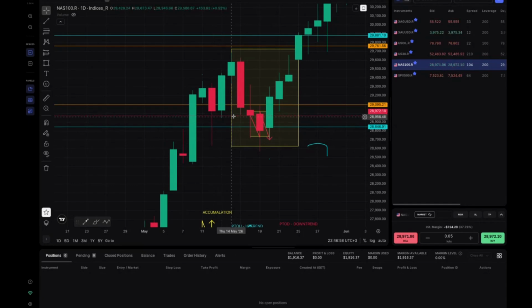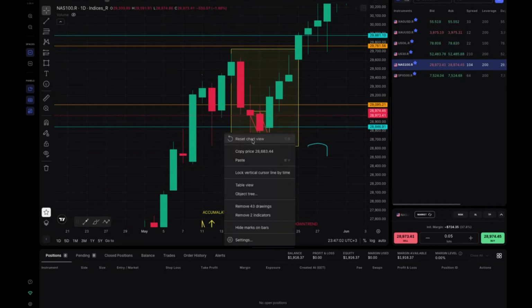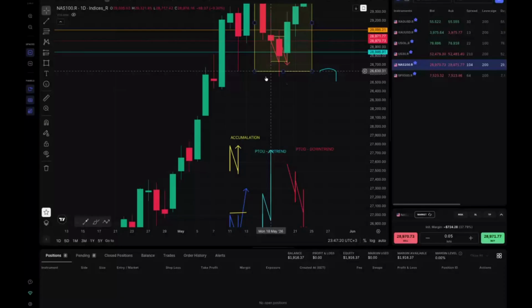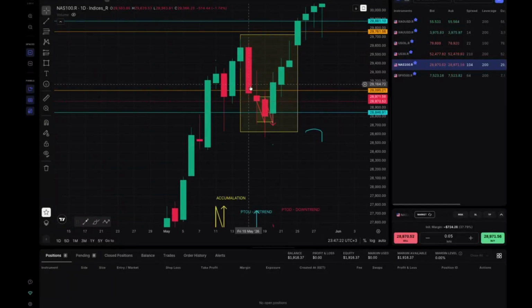You see it's getting closer, which means if it gets here, it's going to end up breaking this structure. And as you can see here, it did. So if you're looking at this and you see that, you're going to tell yourself, okay, I need to get in here and be cautious because I don't know. Yes, we are still higher than all of these lows, so this could have been a liquidity grab, which we'll talk more about later.